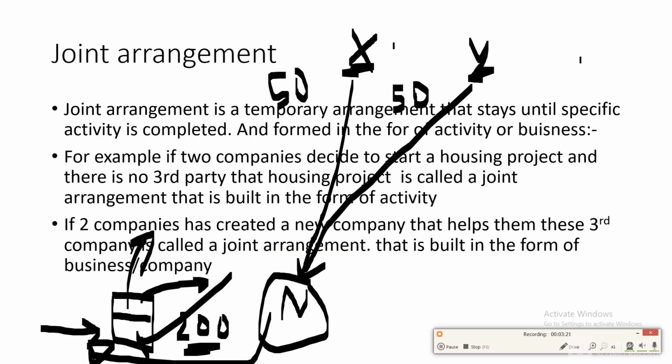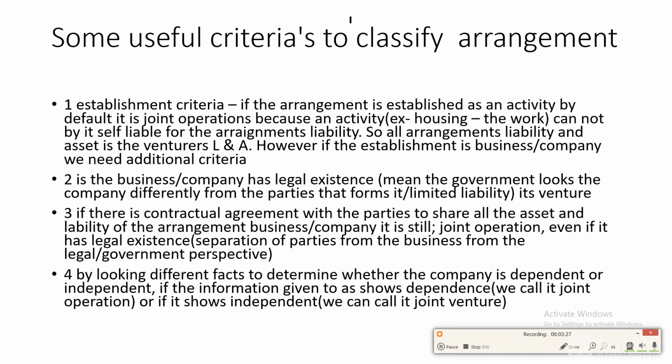Like the housing project, if the arrangement is established in the form of an activity, by default there is no need for additional criteria. It's a joint operation. But if it's established in the form of a business, or an organization, or a company, there are 3 additional criteria.